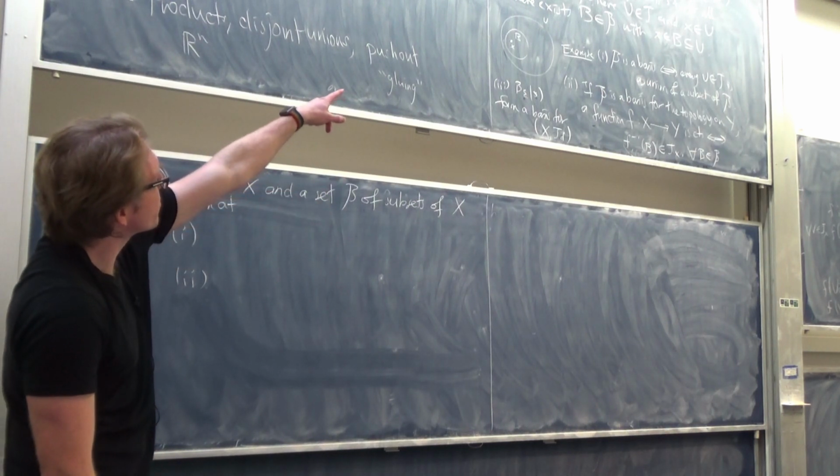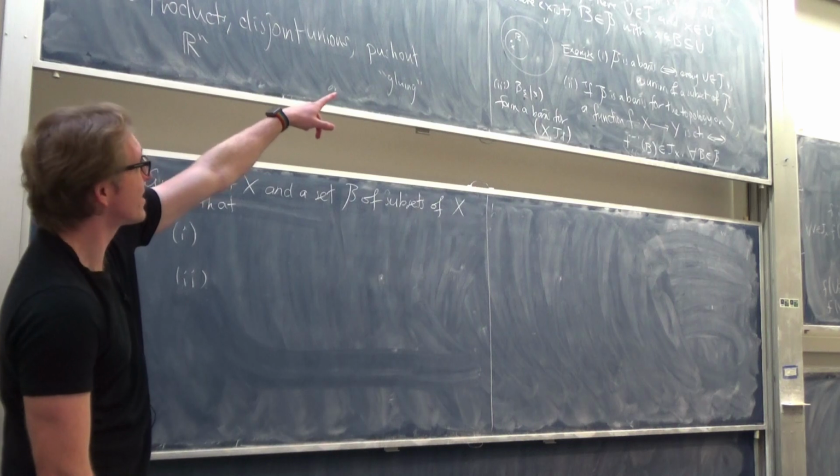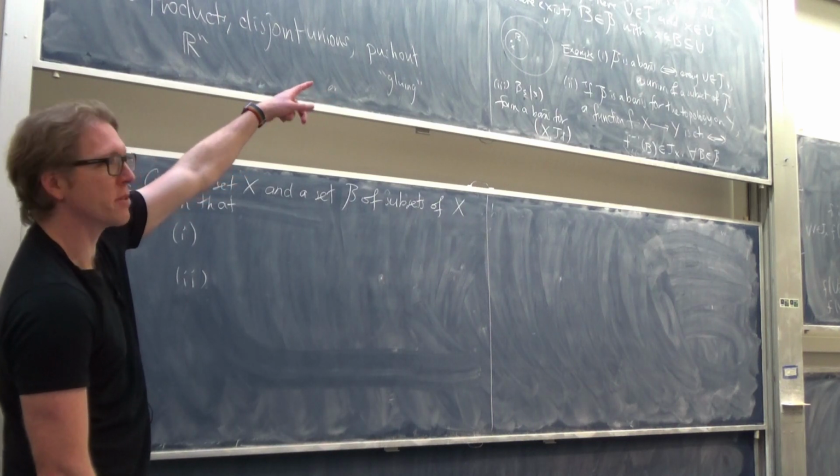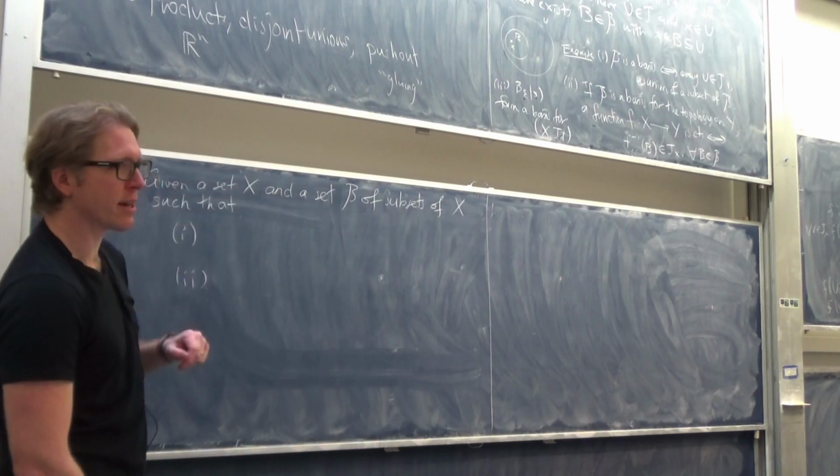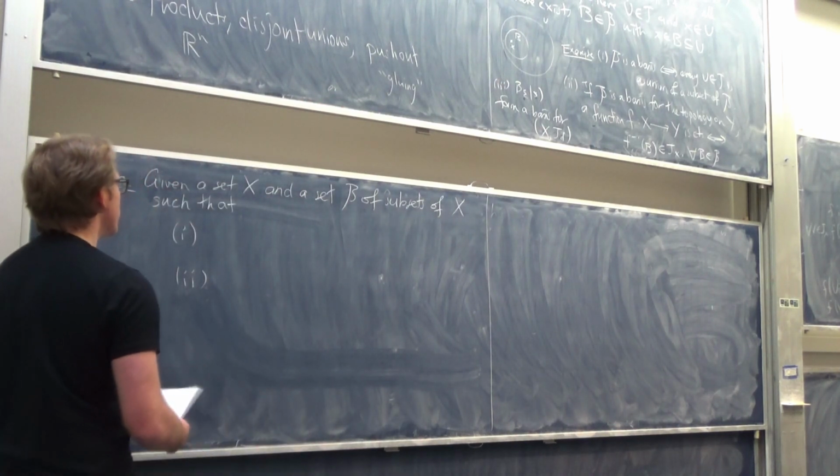Well, then taking points x, since X is open in itself, whatever the topology is, I must have an element of the basis which contains that element of X, right?